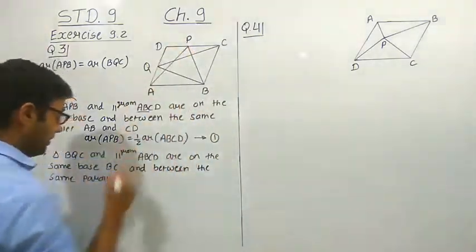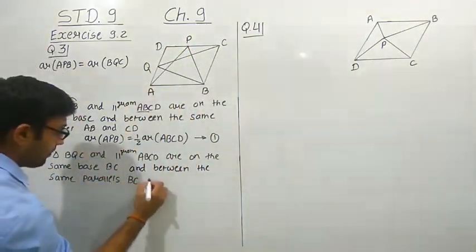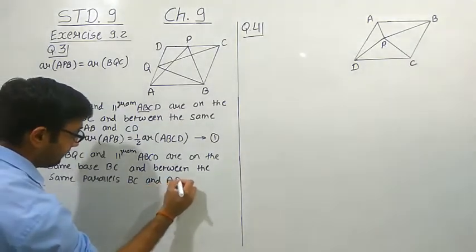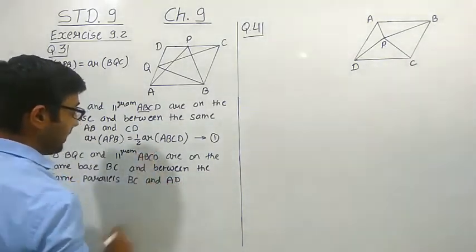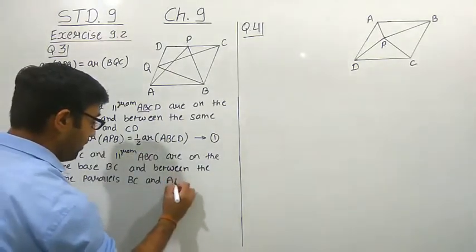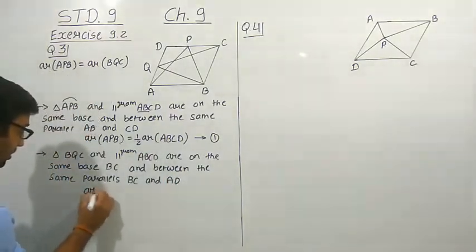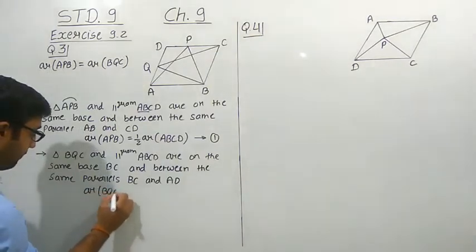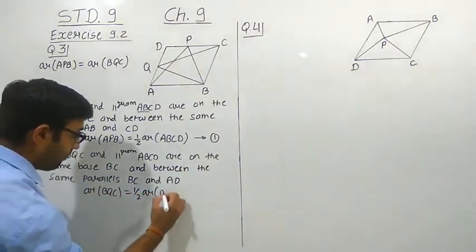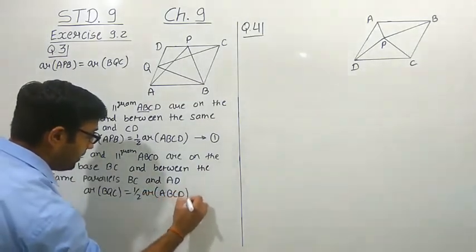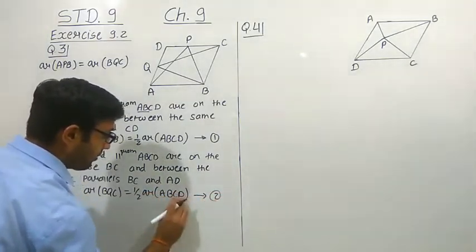BC and AD. Yeah, right? So again we can write that the area of triangle BQC is equal to 1 half the area of parallelogram ABCD. Give it equation number 2.